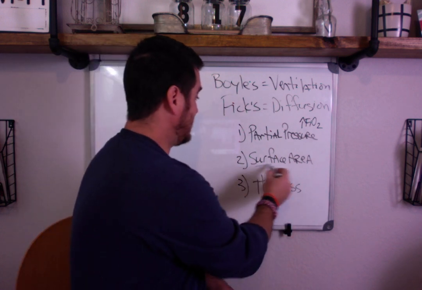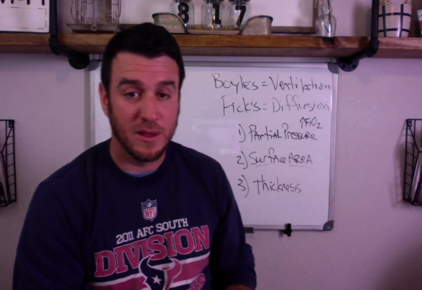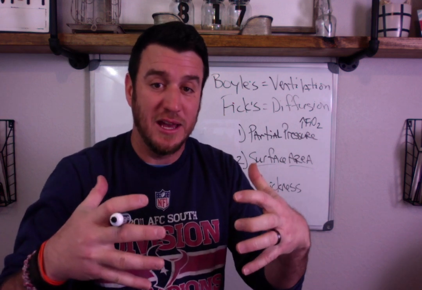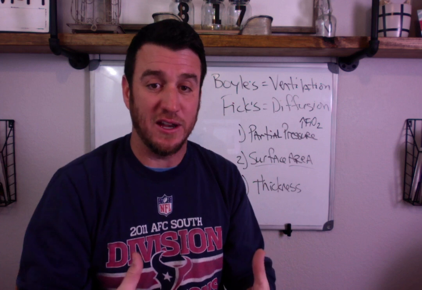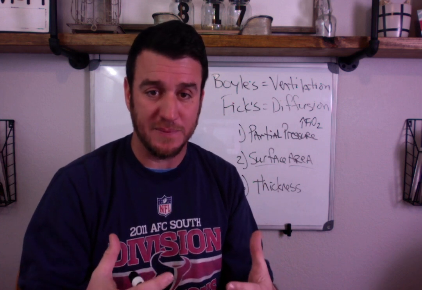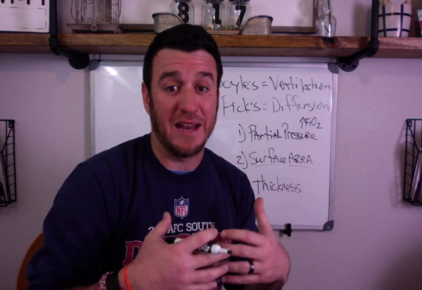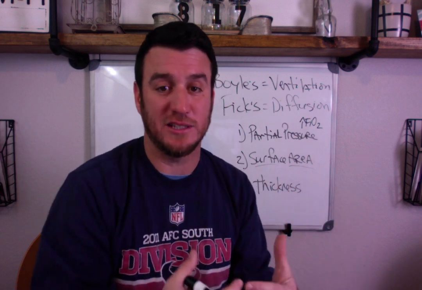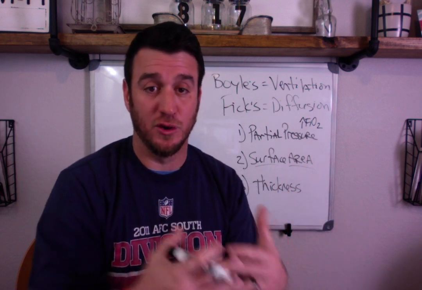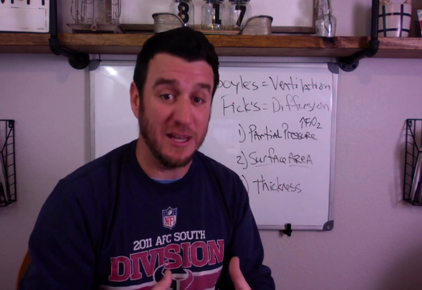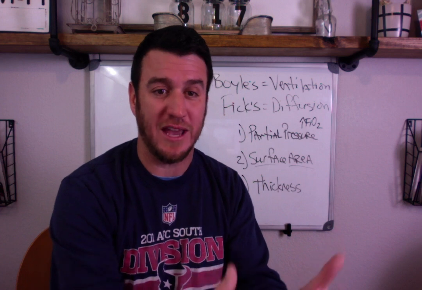The second thing he states is surface area. So now surface area is if you increase the amount of surface area of this permeable membrane, then more gas or fluid will be allowed to pass across that membrane. So if you increase surface area of the alveoli, then it results in a greater level of gas exchange.